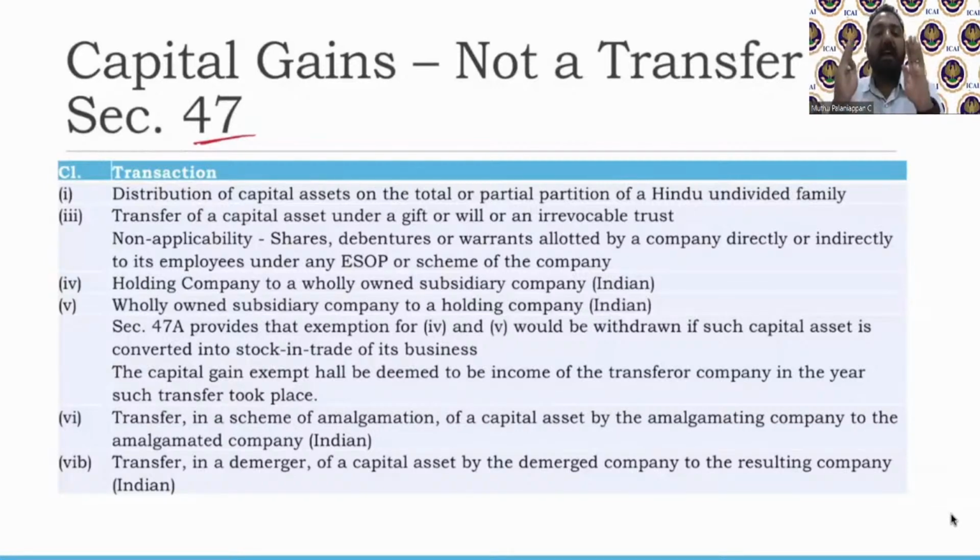So there is an immediate mapping between the sections. You need not remember two section numbers. If you remember one, you automatically will remember the other one. If you remember that section 2, clause 47 is the definition of transfer, you immediately will know that section 47 is the section which talks about what is not a transfer.